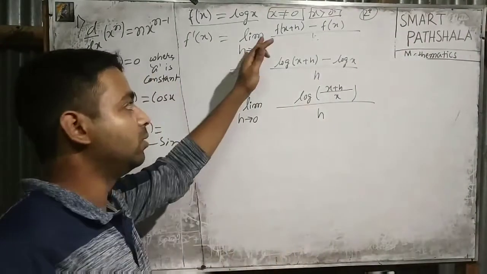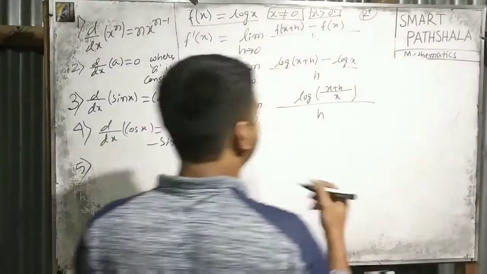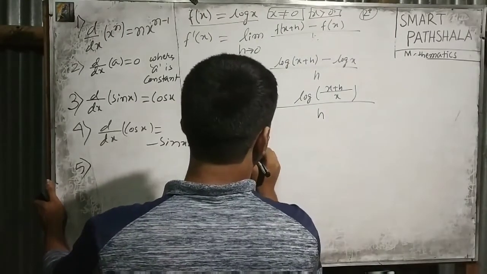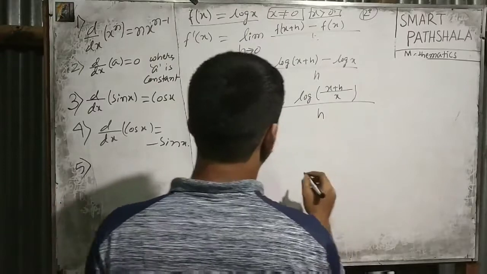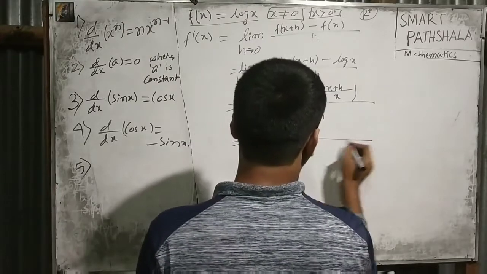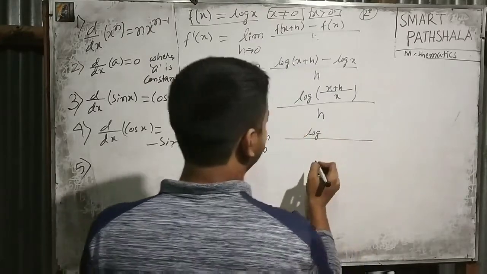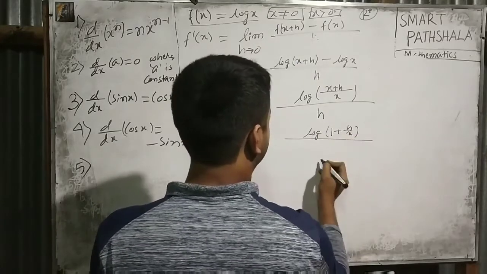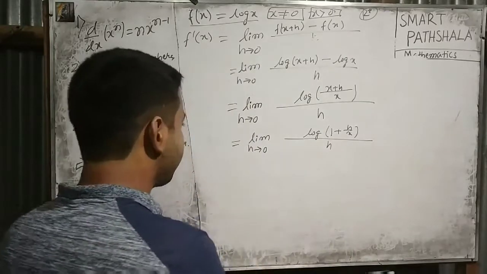Why have I said this? We will look at it. We have limit h tends to 0 of log of 1 plus h by x, by h.